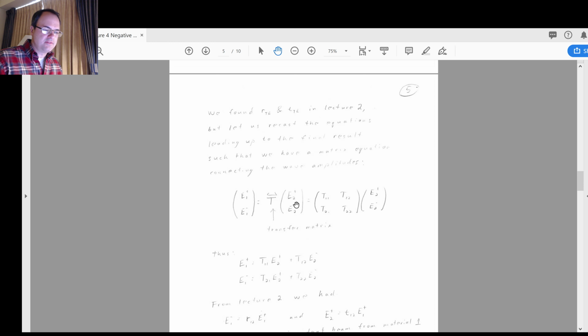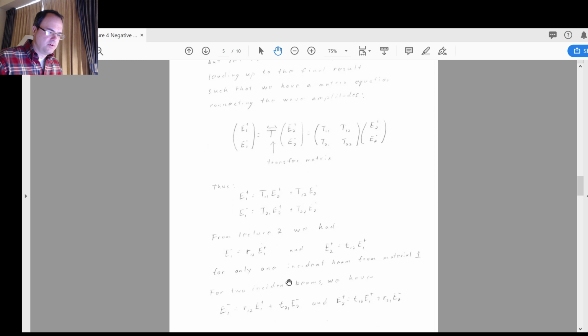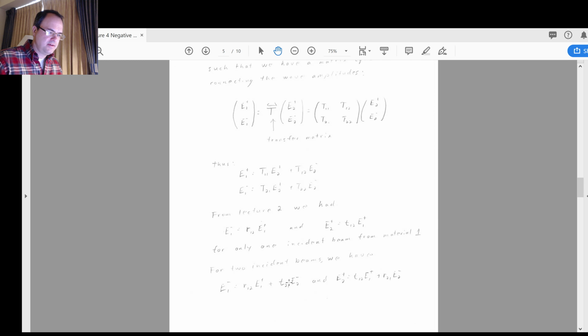So, all right, the transfer matrix can be written like this with the different components explicitly stated. And so then we multiply that out. We get an equation for E1 plus and E1 minus as that. We know that, going back to the figure, our reflection coefficient is defined in this way as a relationship between E1 minus and E1 plus. And the transmission coefficient, T12, is this right here.